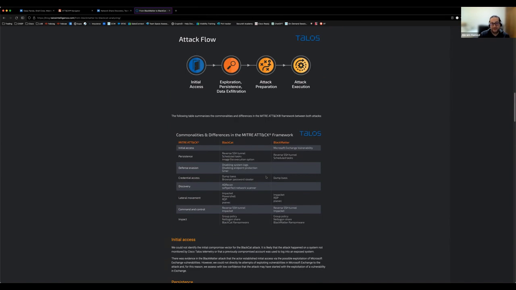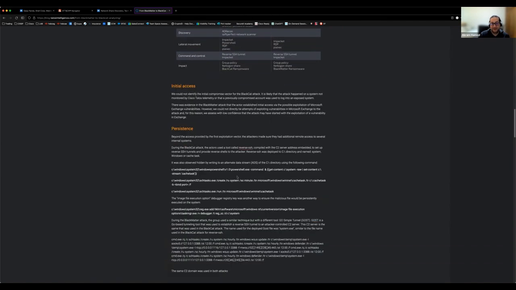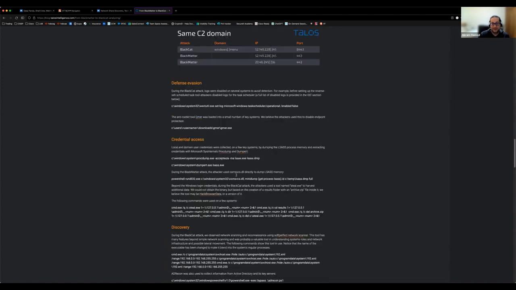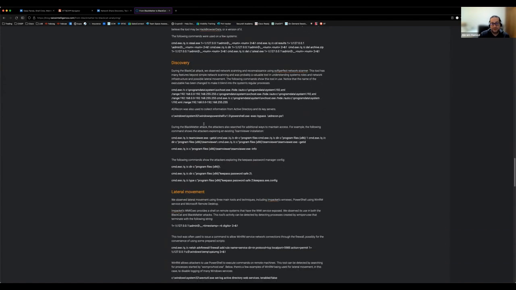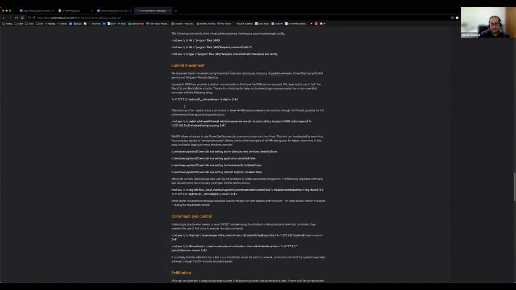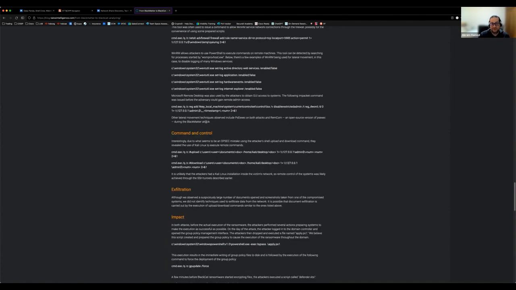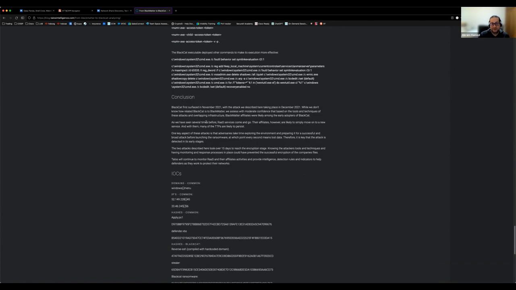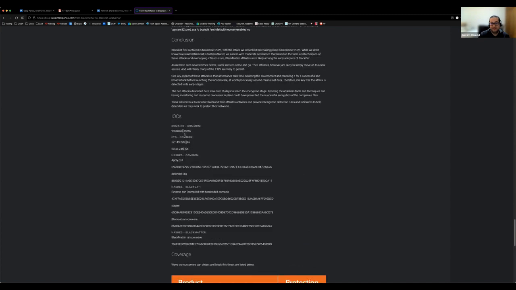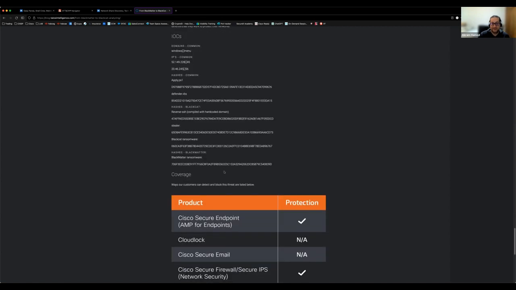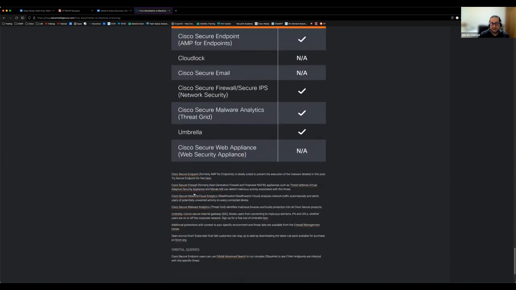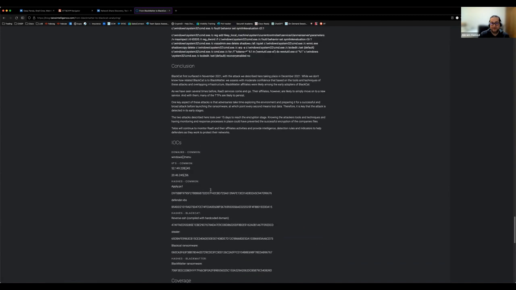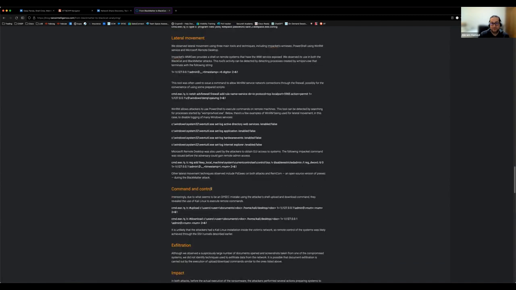In defense evasion, it would explain how this works. And at the end, maybe it would tell you in detail how they do lateral movement, and some IOCs, like signature-based detection, specific hashes, specific IP addresses, and then coverage, how to secure yourself against them using your tools.